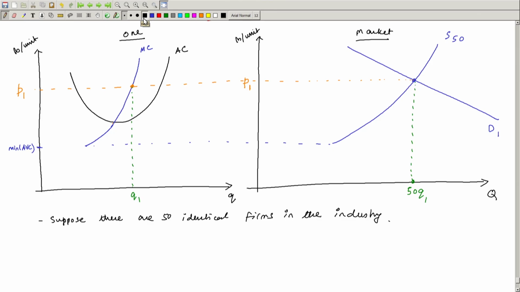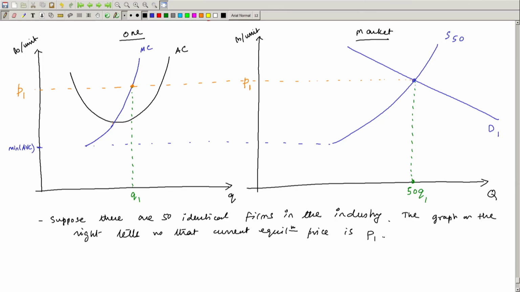the current equilibrium, right. So, the graph on the right tells us that the current equilibrium price is P1, right.